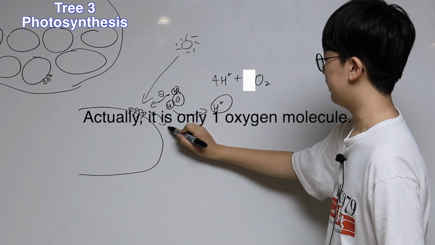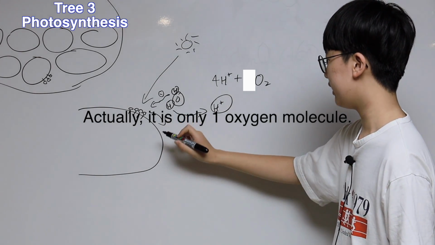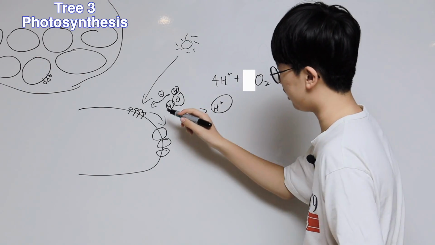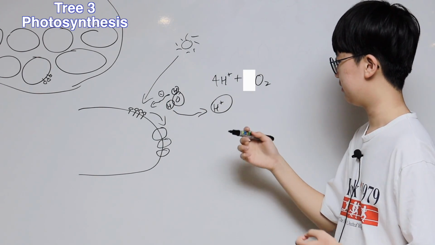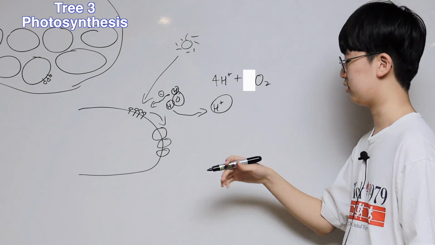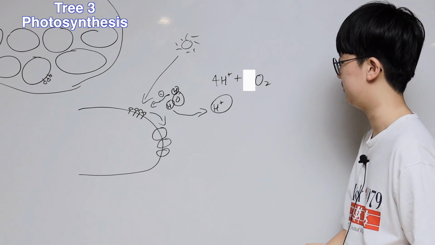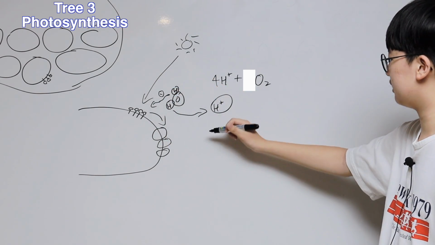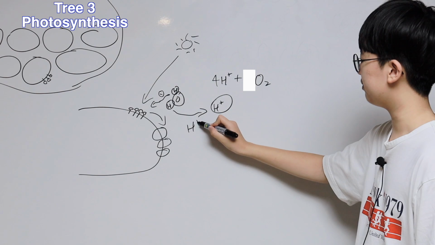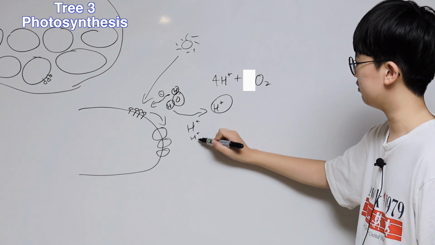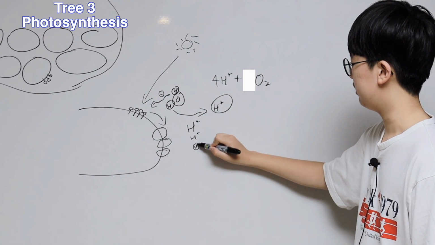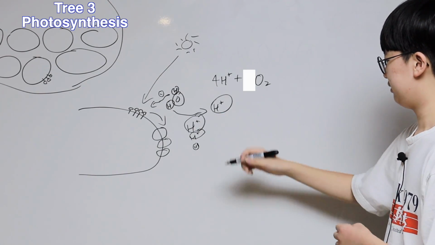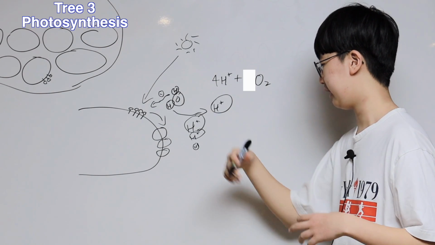Now the electron is moving towards the proton pumps, the hydrogen ion pumps. If this is happening a lot, there's gonna be quite a bit of protons. These guys are gonna be hanging about.